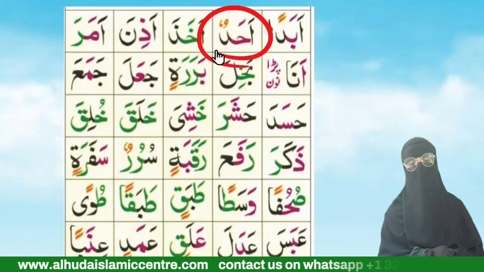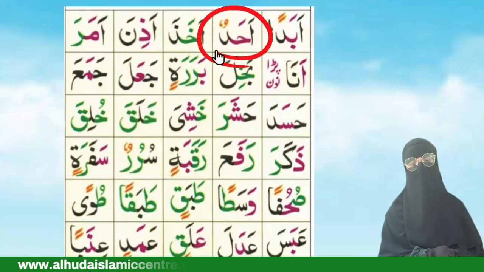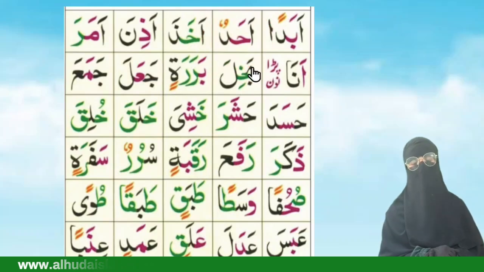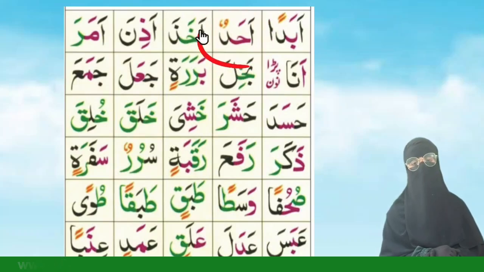Now in this one you can see all the tanween letters. The color of tanween is orange. So keep this sign in your mind: whenever this comes, you have to read it with the sound taken into your nose. We'll discuss all the tajweed rules related to this later inshallah, but for now keep this in mind as a quick reminder and a sign.